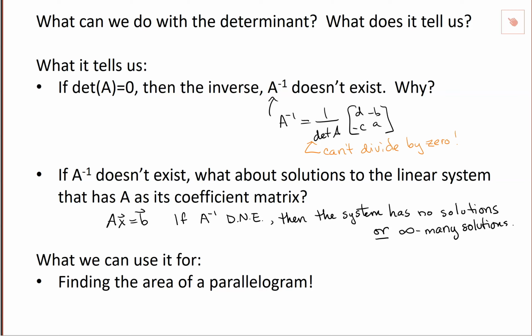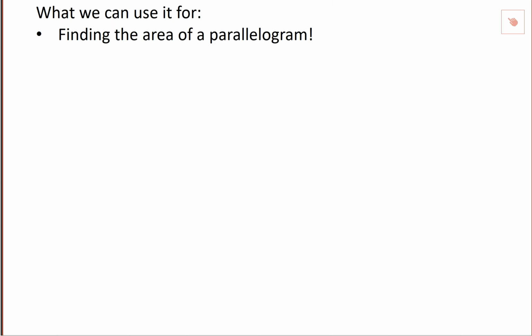Now, one other thing we can use it for that's kind of nifty is finding the area of a parallelogram. So let's start simple. Here I have two generic vectors in 2 dimensions, and I want to look at a special case where the second component of the u vector is 0, and the first component of the v vector is 0.